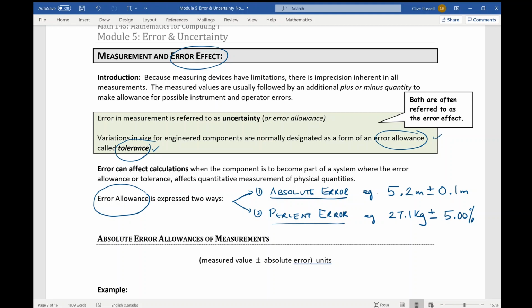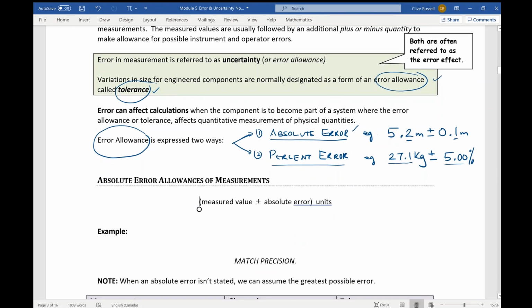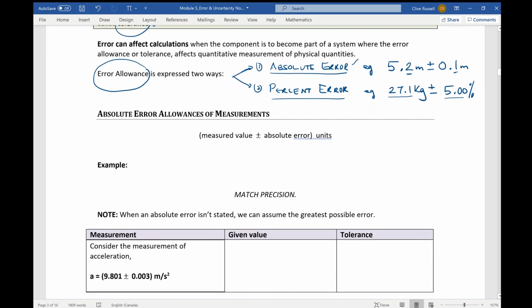Notice that in the absolute error, the measured value 5.2 has one decimal place, so I must also have one decimal place in the error. For my percentage error, I have 3 significant digits for my measured value, so for my percentage I also need 3 significant digits. All right? Okay, so let us do an example.